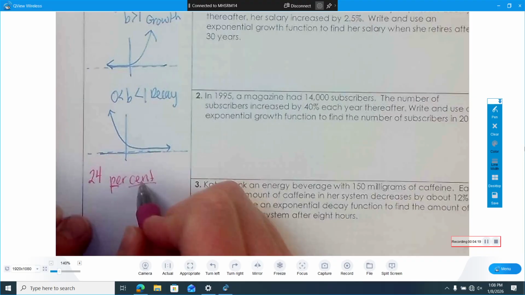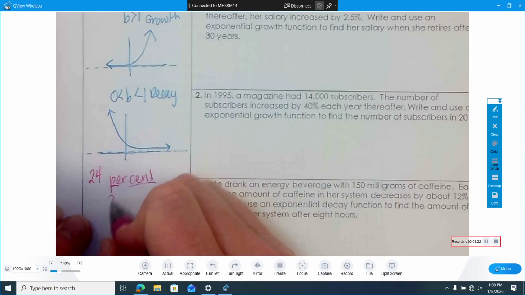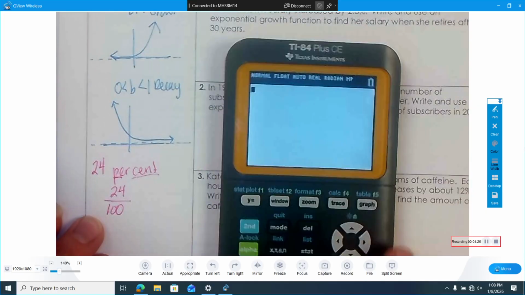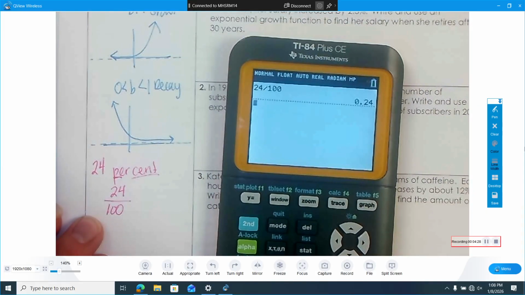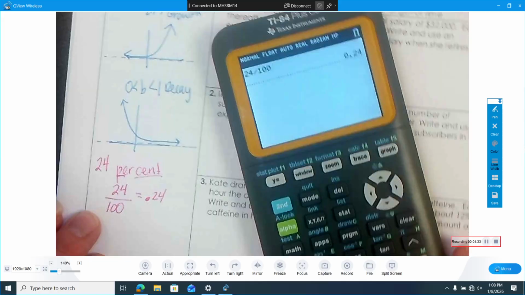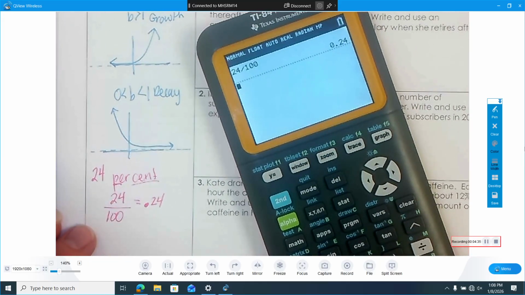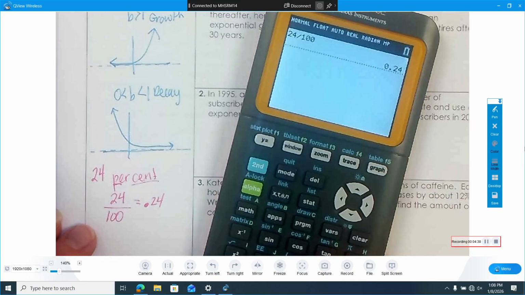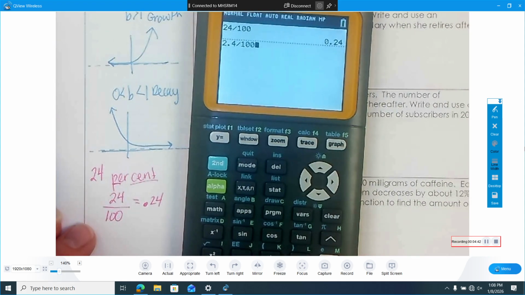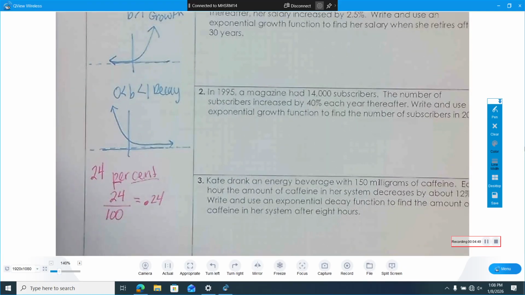So 24% literally means 24 per cent, per 100. So 24 per 100 becomes 0.24 as a decimal. So if you ever forget, just think about what percent means. It means per 100. And if it was 2.4 per cent per 100, that's 0.024. So just so you remember, percent is actually a mathematical phrase, okay?